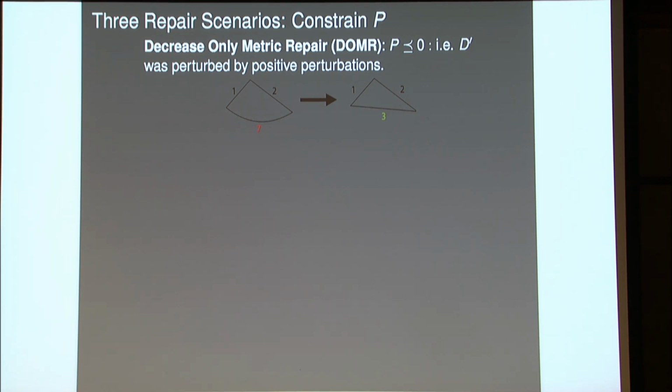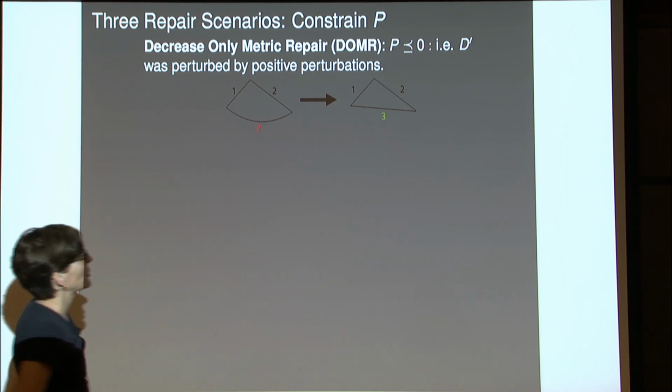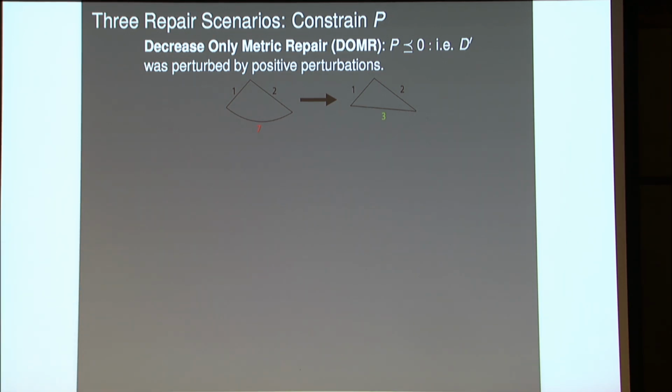So the first one, I think Brickell called this decrease-only metric repair. I'm going to constrain my perturbations to be negative or 0 only. All I can do is decrease or leave alone the length of a distorted leg of a triangle.